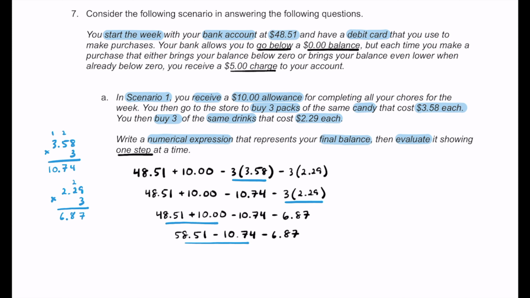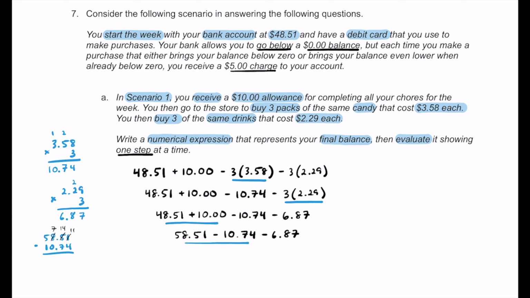And so we're gonna subtract this to figure out how much we had after we bought candy. So let's take this $58.51 and subtract this $10.74. Okay, so let's see here. We're gonna have to borrow a little bit. So this 8 is gonna become a 7, this 5 is gonna become a 14, and this 1 is gonna become 11.